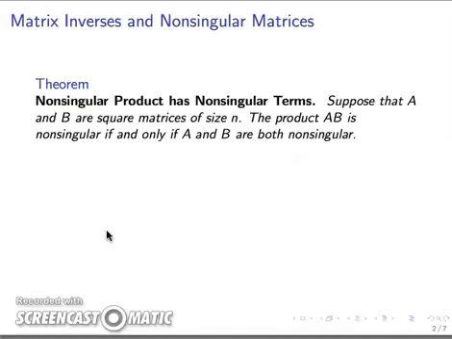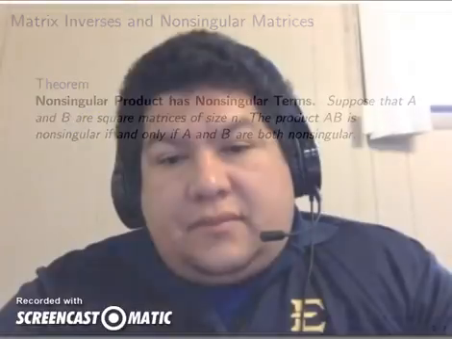So it is a powerful theorem because it's bidirectional. If the product is non-singular, then each matrix is non-singular, and in the other direction, if you assume that each matrix is non-singular, then the product will also be non-singular.